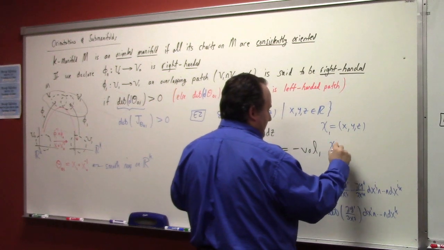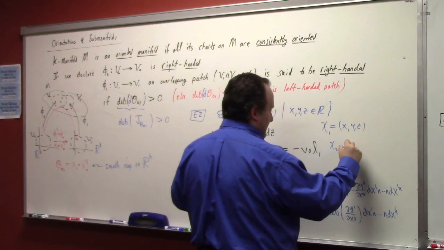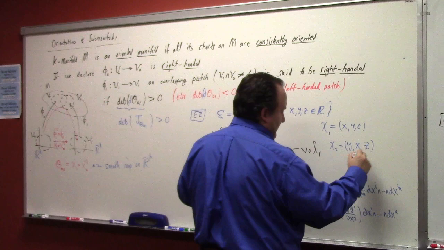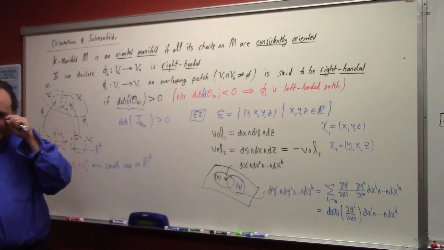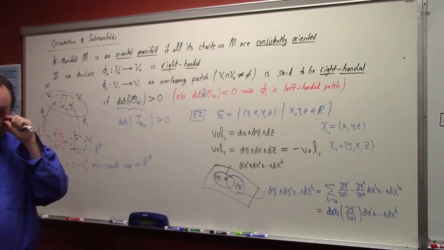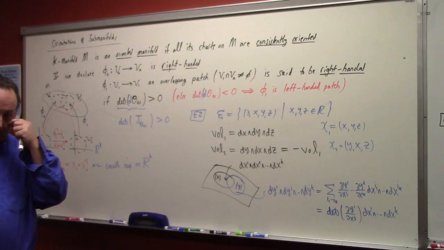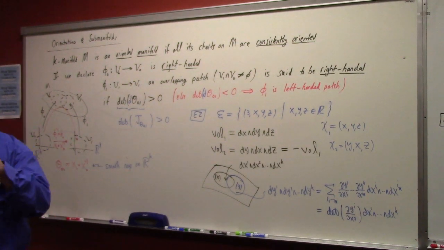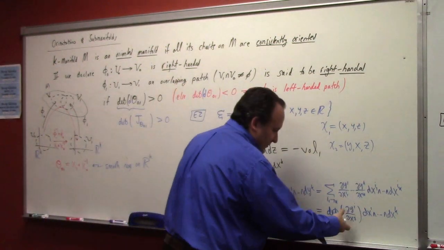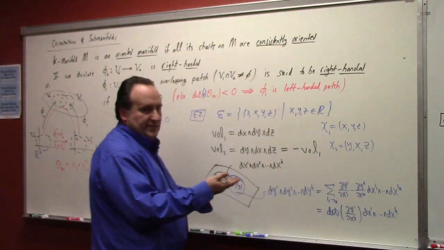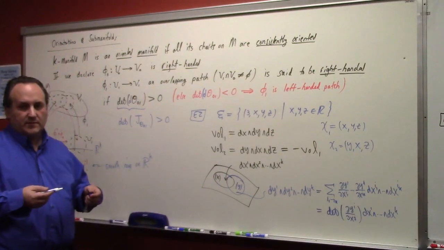Chart 2 would be yxz. Just using the same formulas but reordering them, switching an order will disorient your chart like that. Correspondingly, the top forms built from the coordinate differentials won't agree. I mean, they never have to agree exactly. We're always allowing a change of coordinates according to the determinant of the Jacobian matrix of the coordinate transformation. That's true.